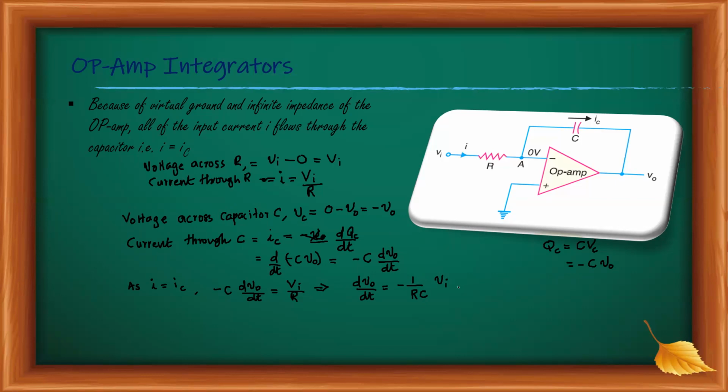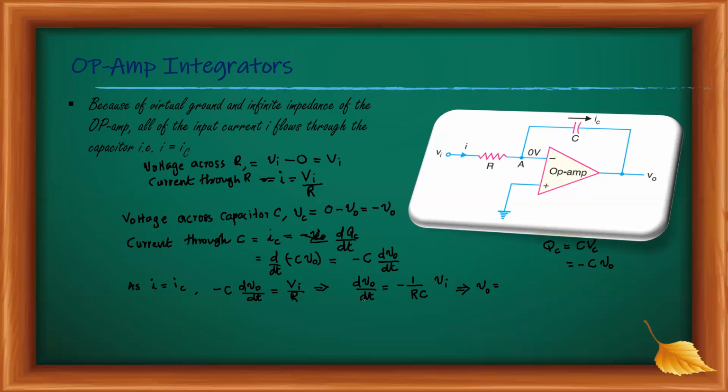And now we have to find the value of V0. dV0 by dt is equal to this quantity. To obtain V0, we have to integrate both sides. Then V0 must be equal to integral of minus 1 by RC VI.